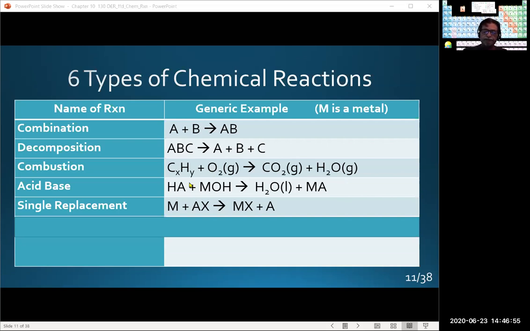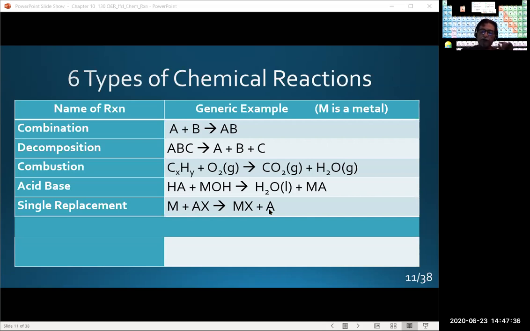And what happens is the elemental M displaces the A, okay, to generate the new ionic compound MX. Then the A that was ionic now is back to an element. Okay. Classic example of this is plating. You may have some jewelry that has been plated. Maybe you had any chrome plating on your vehicle or bicycle or something like that. This is a classic example.